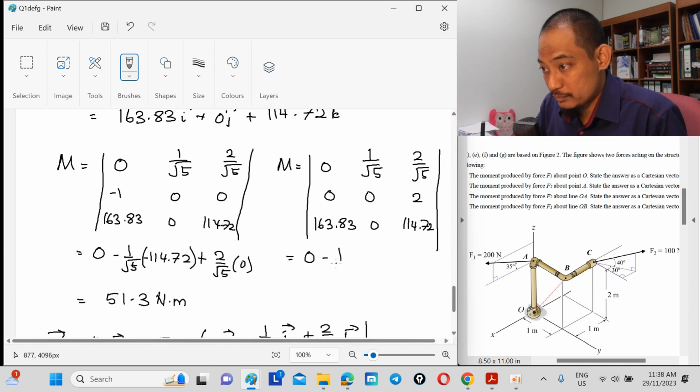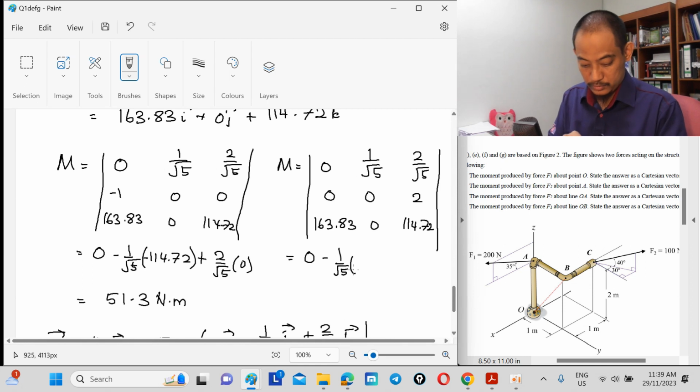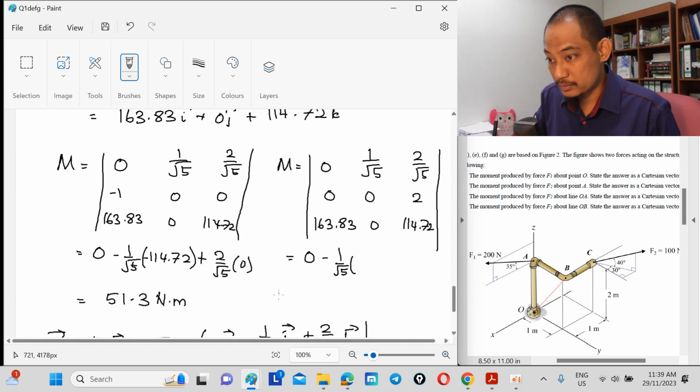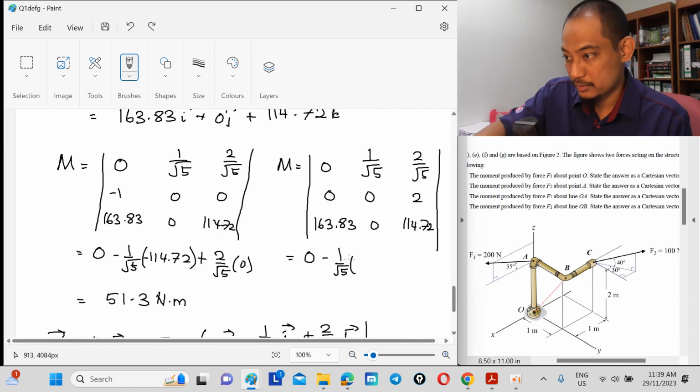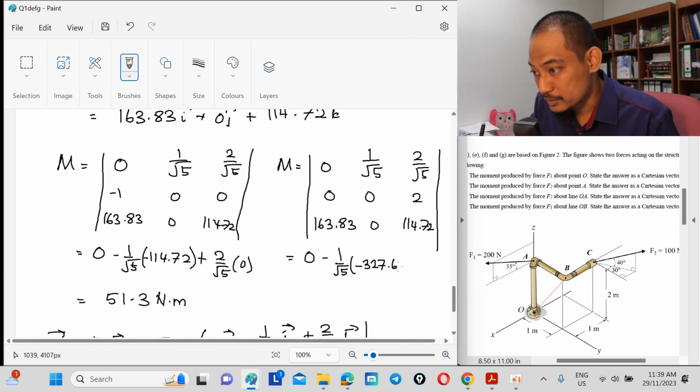0 minus 1 over square root of 5, 0, and then minus 2 times 163.83, it will be negative, right? Negative 327.66.